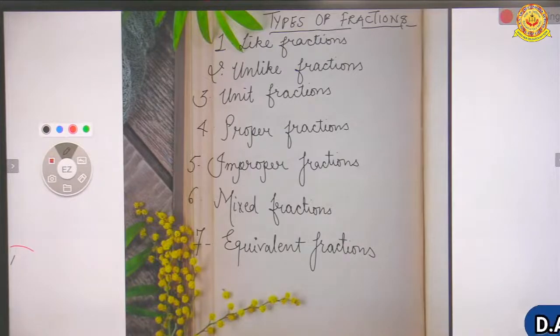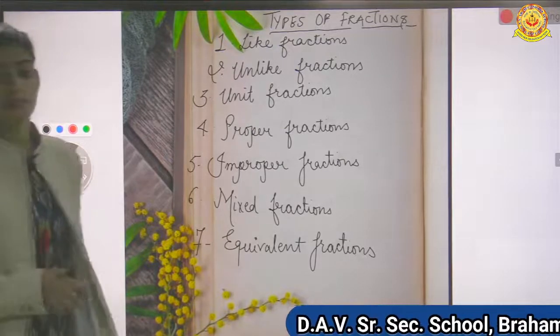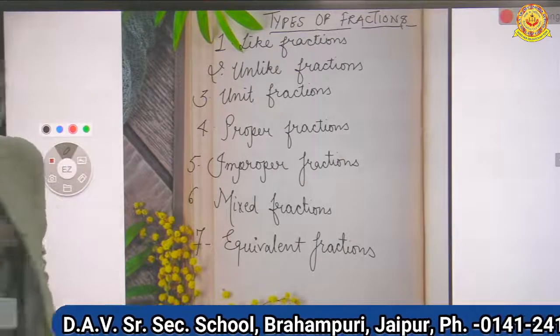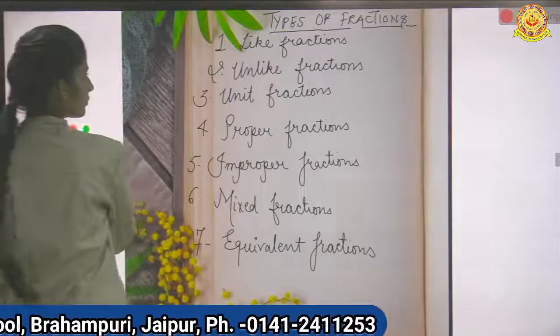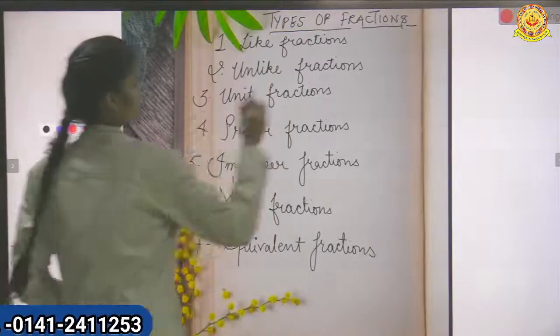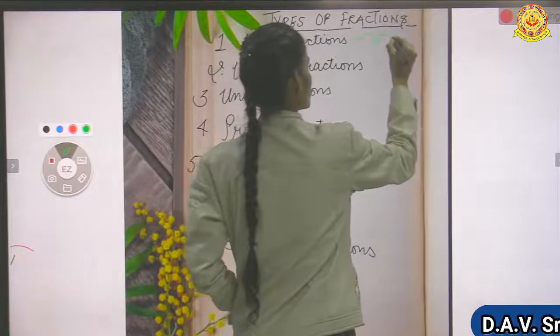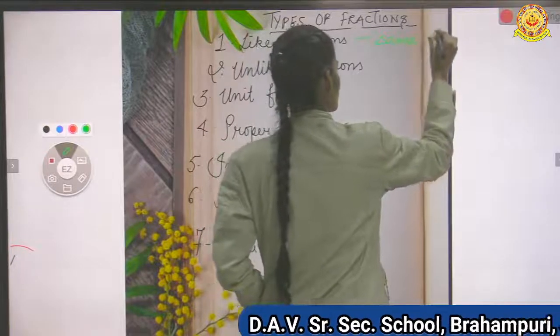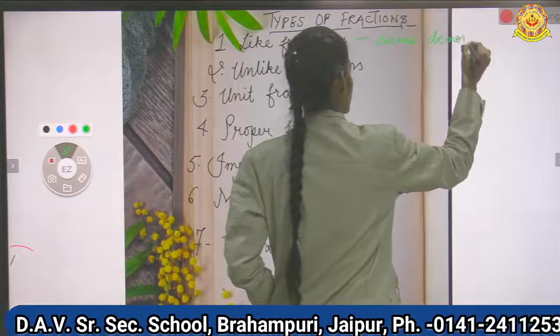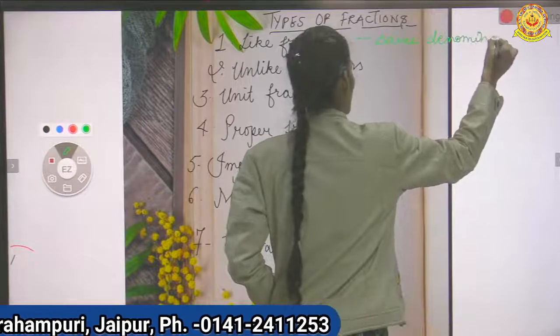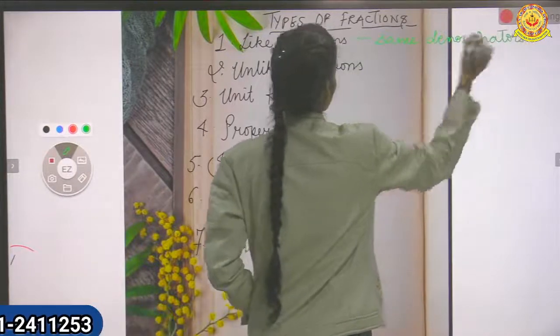In like fractions, what do we observe? Same denominator. And in unlike fractions, different denominators.